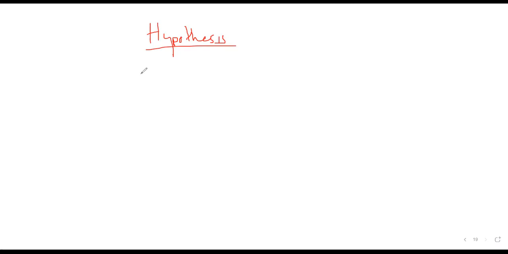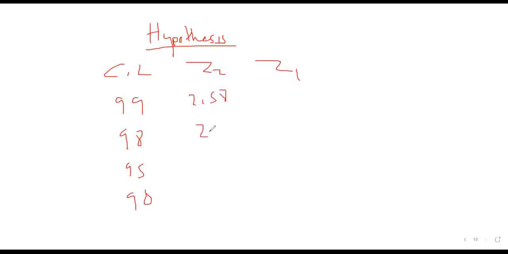For hypothesis testing, we have confidence level, Z for a two-tailed and Z for a single-tailed test. We have 99%, 98%, 95%, and 90%. The two-tailed values are 2.58, 2.33, 1.96, 1.645.